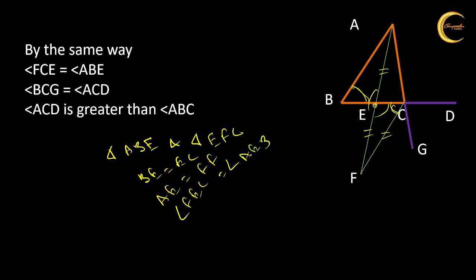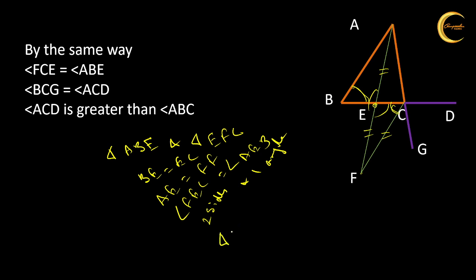These two angles are equal. So here two sides and one angle are equal for these two triangles. So these two triangles are equal in all respects.